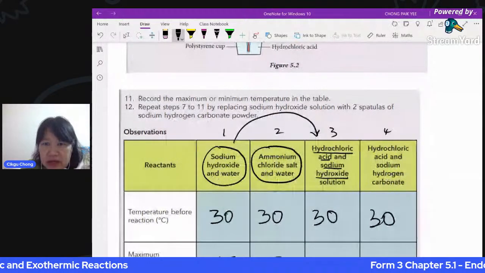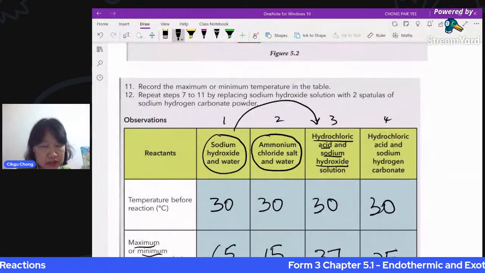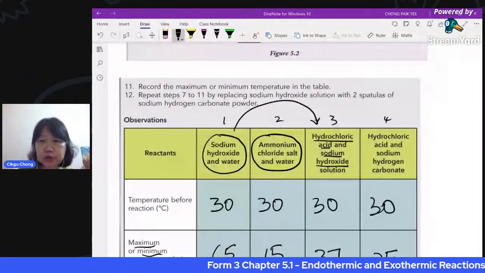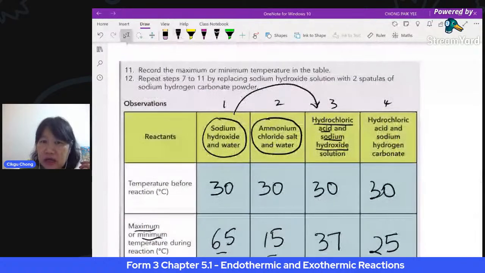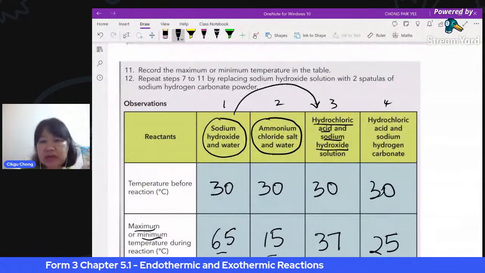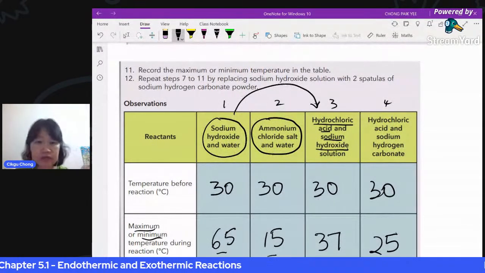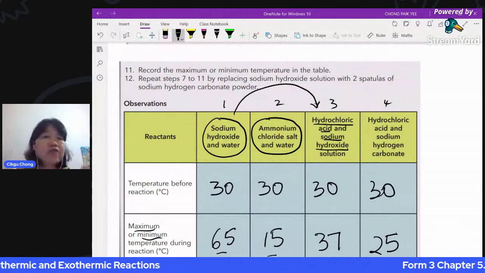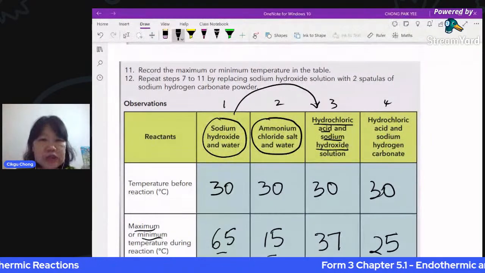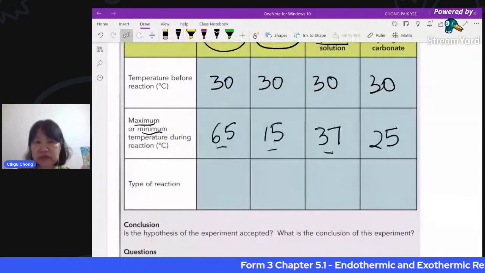First take the initial temperature, which is 30. After you add your hydrochloric acid, it becomes 37. I'm giving you the figures, but I won't tell you what kind of reaction. This is your job, you need to answer the type of reaction here.